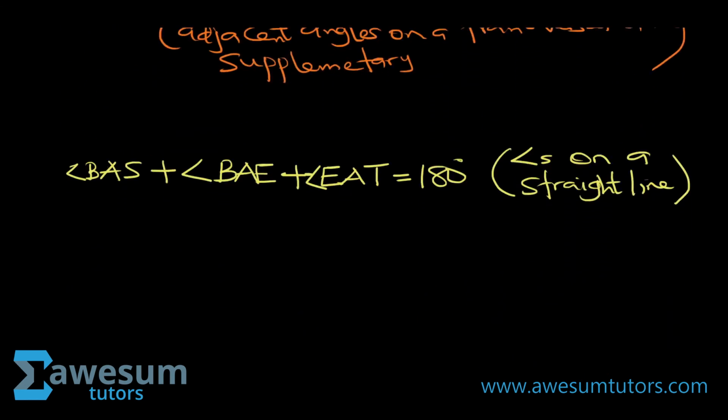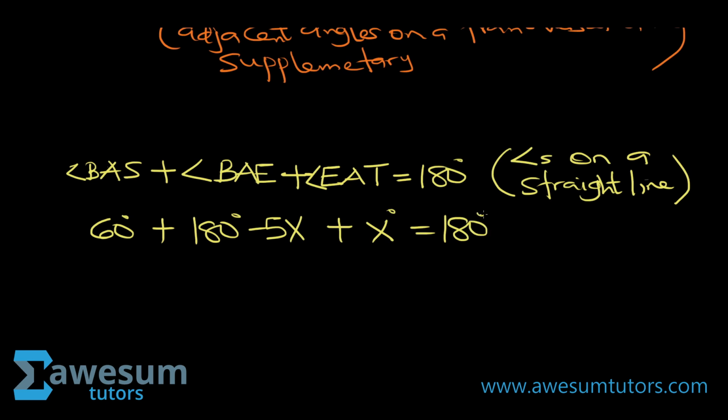So I will come here and say 60 degrees plus 180 degrees minus 5x plus x degrees equals 180 degrees. 60 plus 180 is 240 degrees.